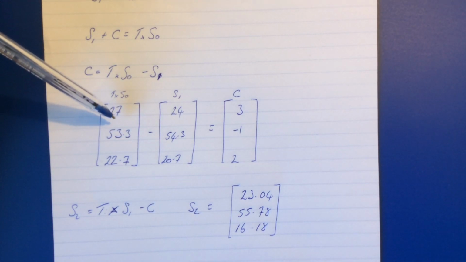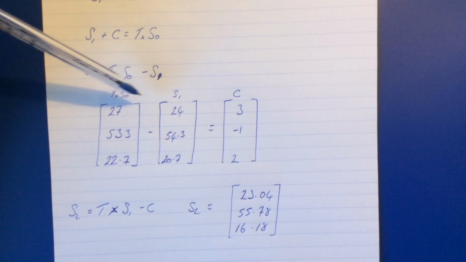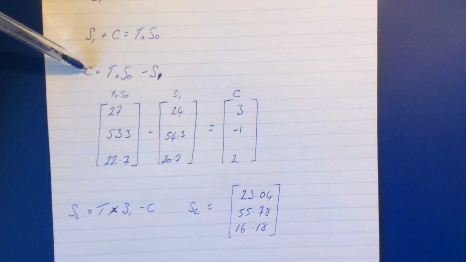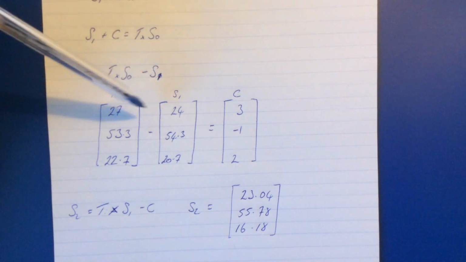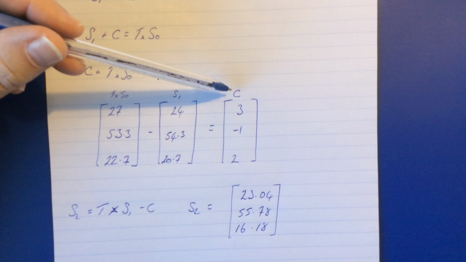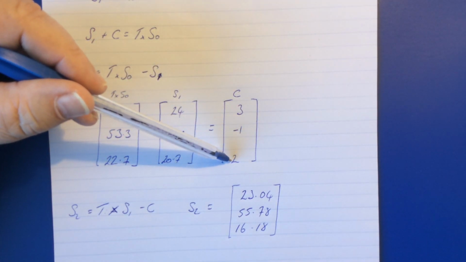That's our starting point. The difference between what we get here and what we have for S1 is going to give us C. So we subtract S1 from T times S0 and we get C, which is 3, negative 1, 2.